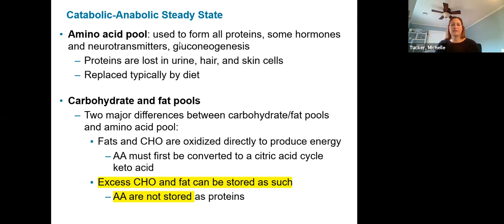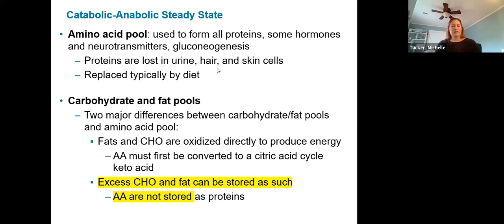And then gluconeogenesis, we can form new glucose from amino acids in the liver. Proteins are lost in urine, hair, and skin cells and replaced typically by diet. In the US, we have no problem with it unless you're a vegetarian, really vegan. You do have to be more careful because of essential and non-essential amino acids.